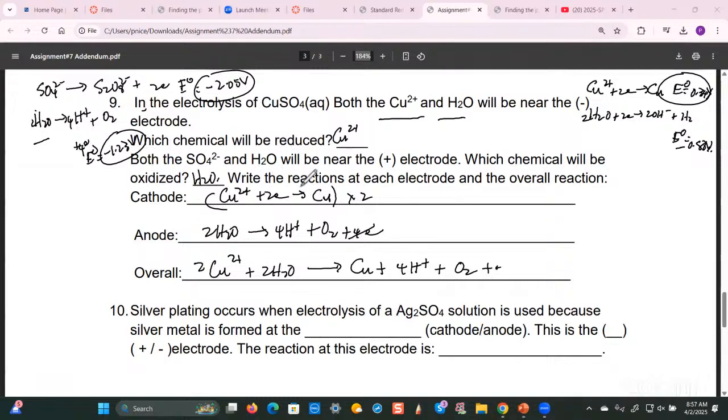The electrons will cancel out, so let me erase that. Would it be 2 Cu? Yes, you're right, this should be 2 Cu, right? And that would be the overall equation for this reaction, and that's the answer for number 9.